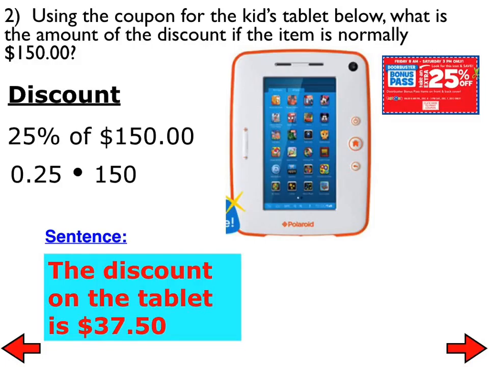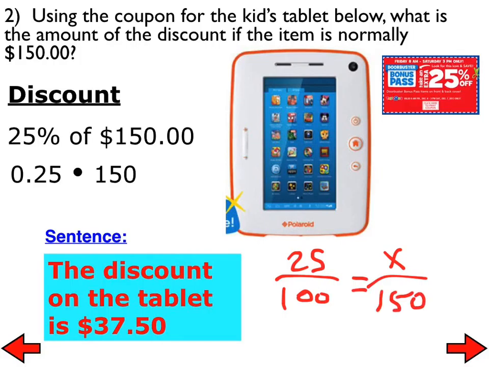I think you multiplied wrong. Should be $37.50. And if you solved it with a proportion, that would be 25%, like that as a fraction, and then finding the discount out of the whole thing, which is 150, part over whole. Should still get $37.50. Raise your hand if you got this one correct. Good. Just make sure you multiply correctly.